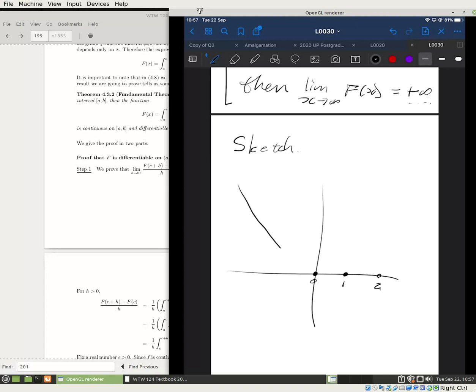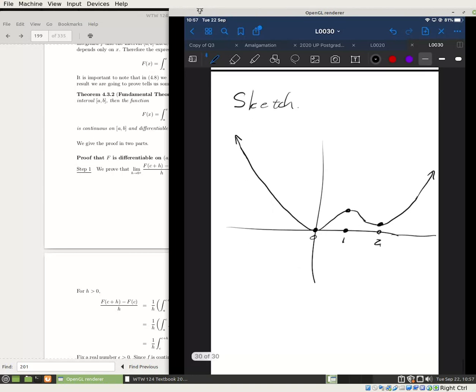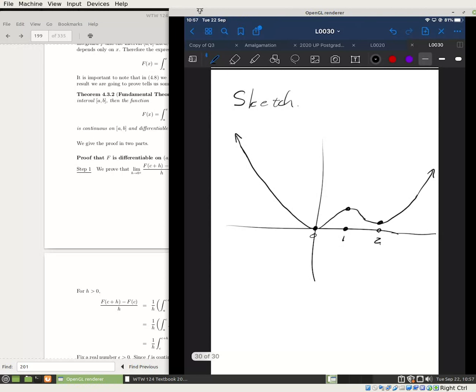The function goes to plus infinity, and its derivative gets steeper and steeper negative. It has a turning point there, there, and there, and it goes to plus infinity as x goes to infinity. So here is a rough sketch of the graph of our function.